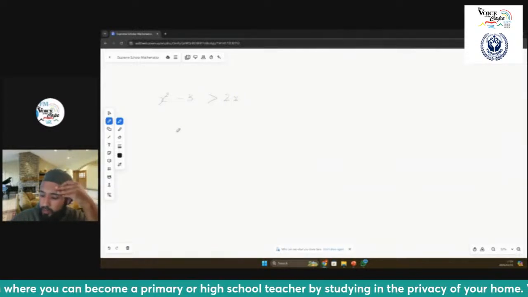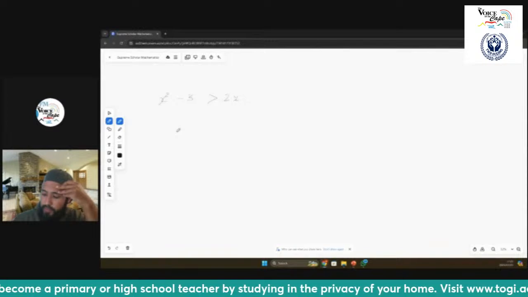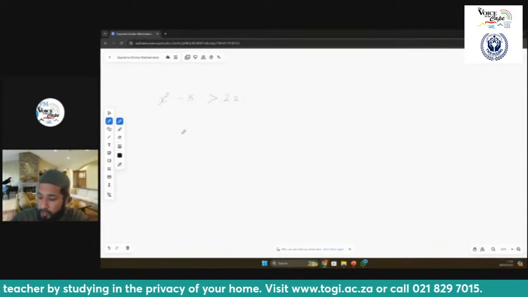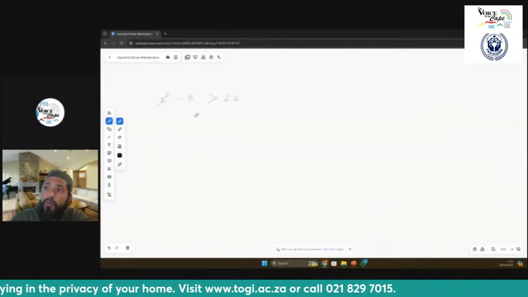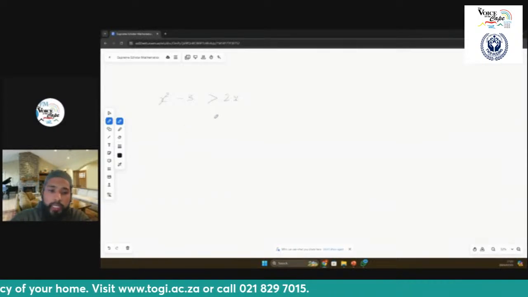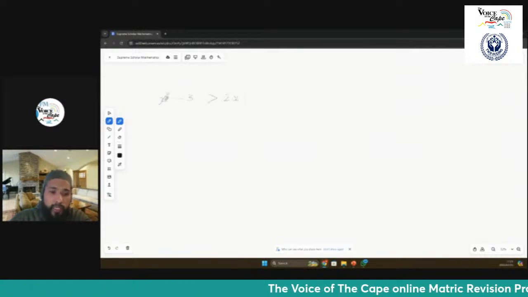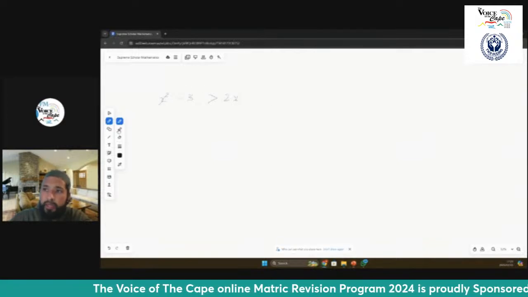So how do we solve this? Okay. So the way we solve this is as follows. The first thing you could do is try to get this in the standard form where you have all the terms on the one side, especially when you're dealing with a quadratic, because then you can have it in its standard form, and you have 0 on the other side.